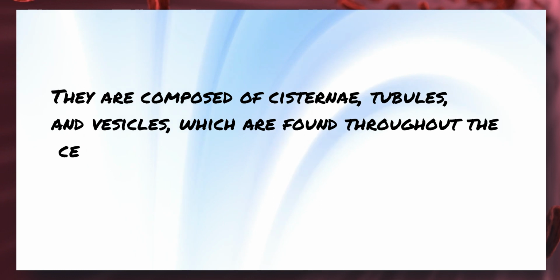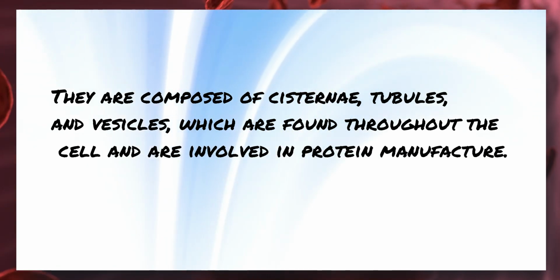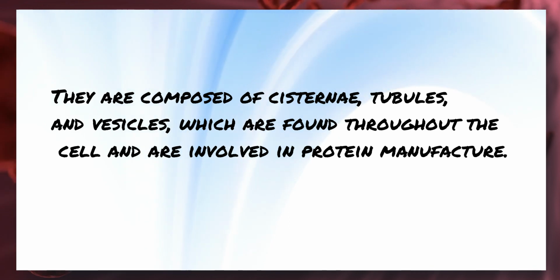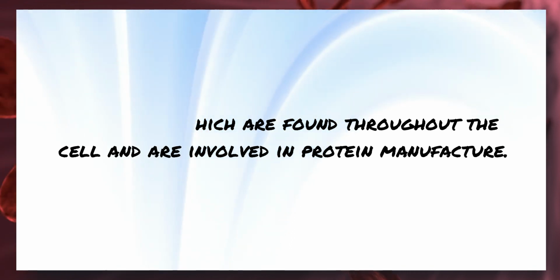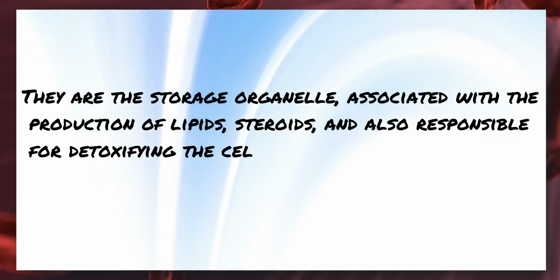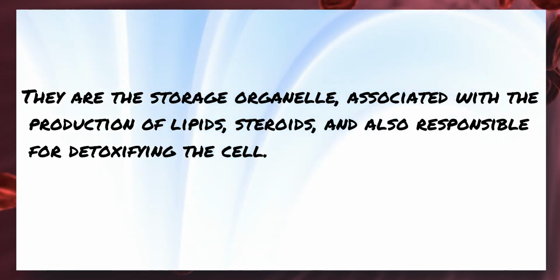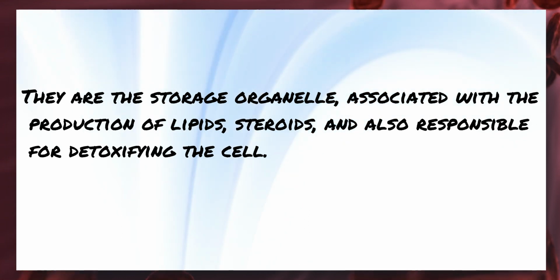They are composed of cisternae, tubules, and vesicles, which are found throughout the cell and are involved in protein manufacture. Smooth endoplasmic reticulum. They are the storage organelle, associated with the production of lipids, steroids, and also responsible for detoxifying the cell.